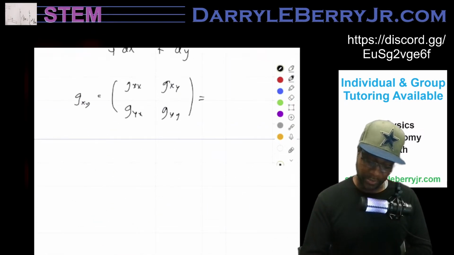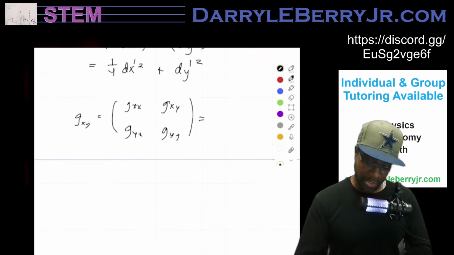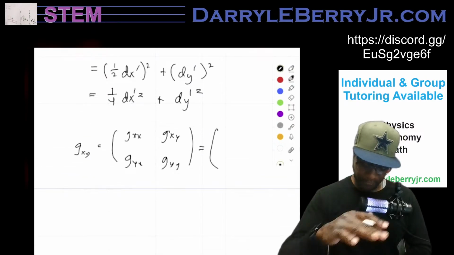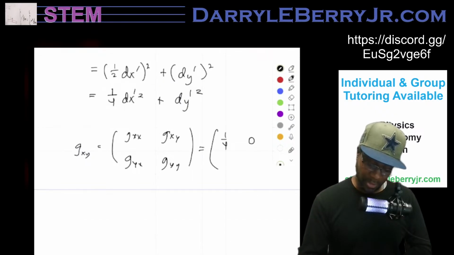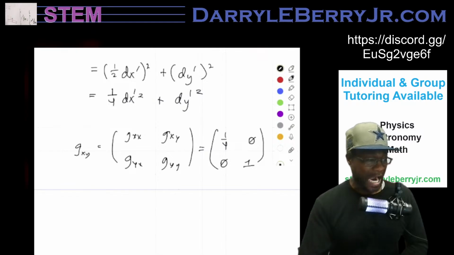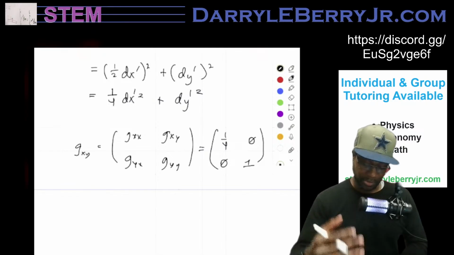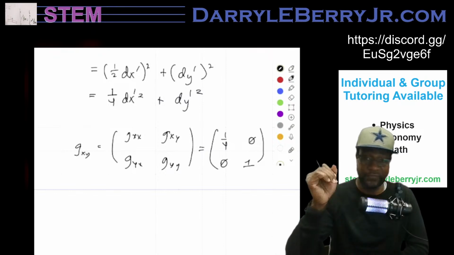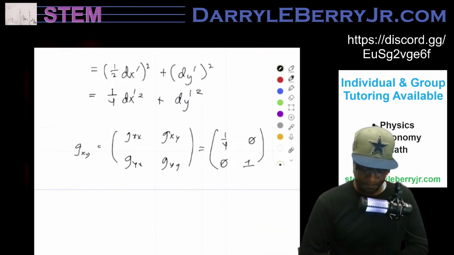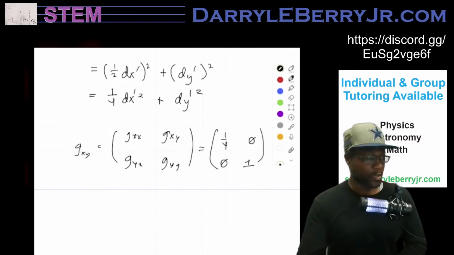The difference is just that it's sort of next to each other on the side instead of a vertical differential. And we can see the x squared one here, 1/4. There's no xy, there's no yx, and then we have 1. So this means that our metric to lower the coordinate from the contravariant vector to the covariant vector is simply this. Now let's see how this works by plugging this in, right?